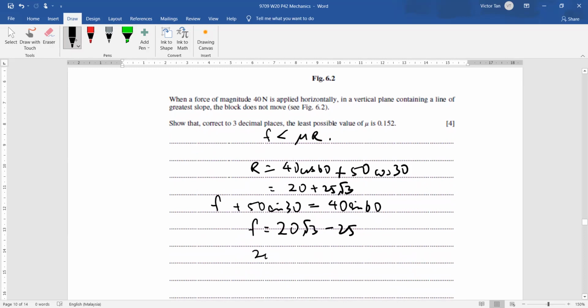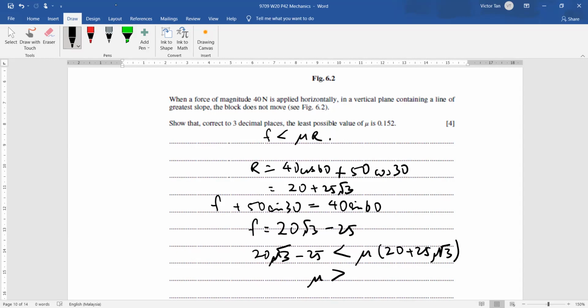So 20 root 3 minus 25 is smaller than mu R, which is mu times (20 plus 25 root 3). Mu is larger than (20 root 3 minus 25) over (20 plus 25 root 3).